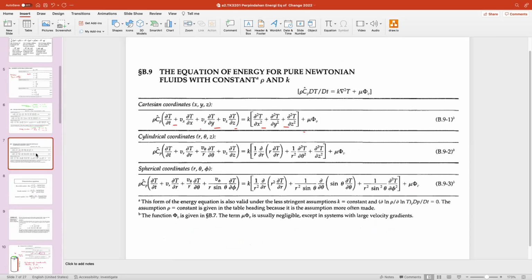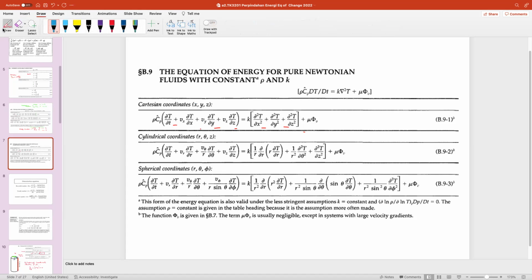What do you think we need to get? I think B9, because the problem states that we have constant rho and k. Okay, so let's copy this B9, and we are just going to use the Cartesian coordinate.